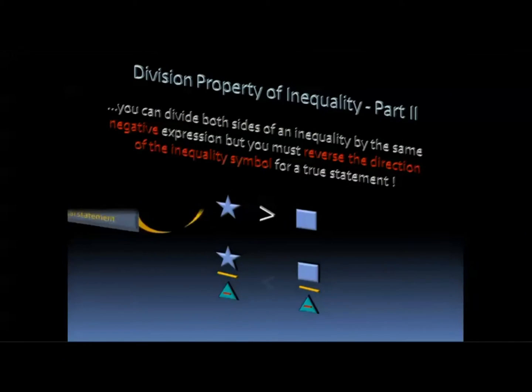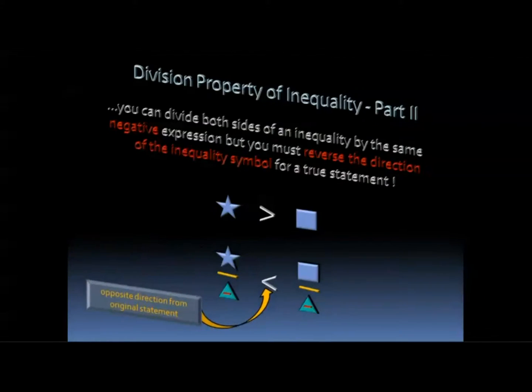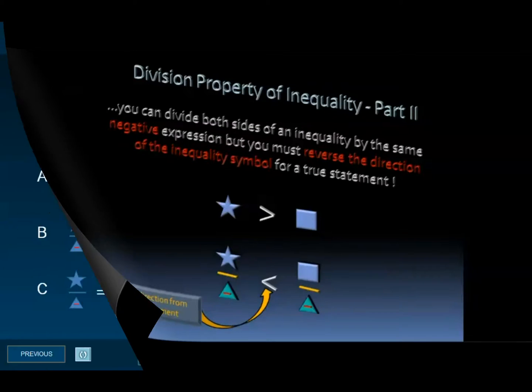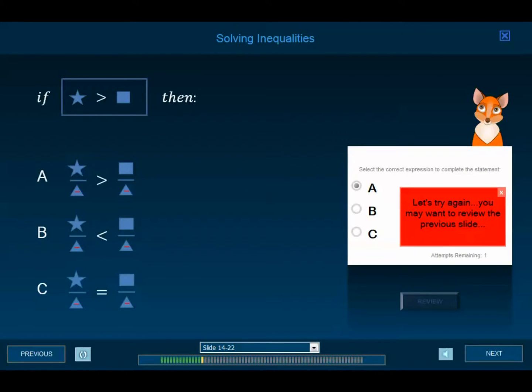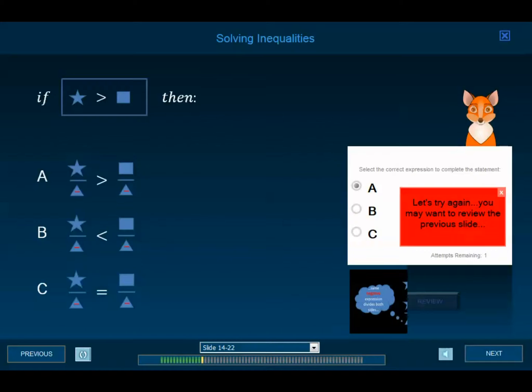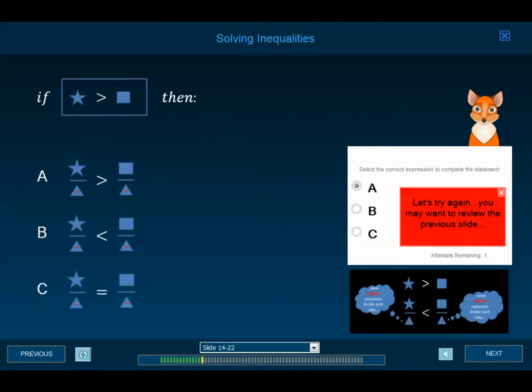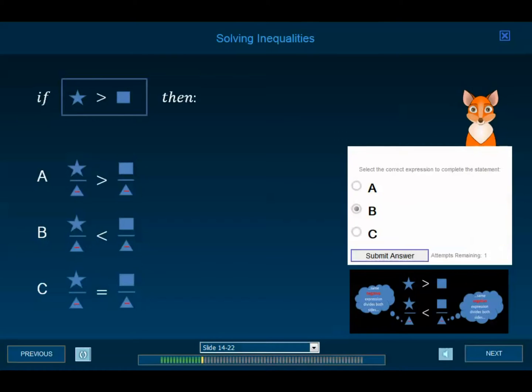Also, we must remember to change the direction of the inequality symbol to the opposite direction from the original inequality statement in order to still have a true statement. Remember, you must change the direction of the inequality symbol when you divide by a negative number or expression.